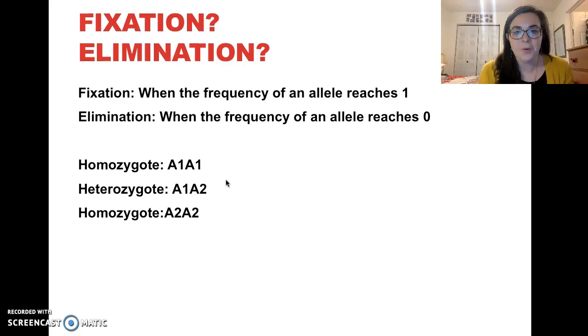Genetic drift will pull the frequency of either your A1 allele to a frequency of 1 or your A2 allele to a frequency of 1, and the other allele will be eliminated. So to make that a little more clear, let's move on to an example.